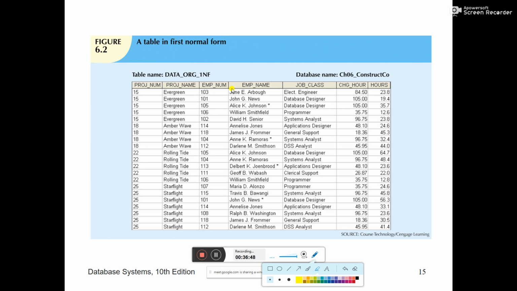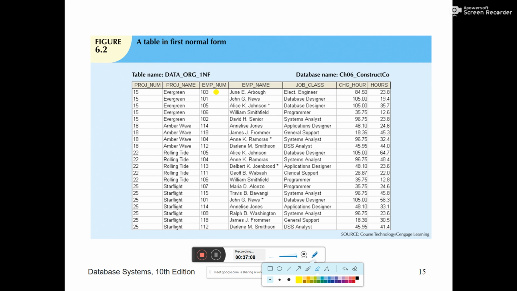You will not have multiple values in one cell, like 15 Evergreen and 5 values over here, 5 here, 5 here. No, each intersection of row and column should have a single value. So we have a single value in each cell, and the repeating groups have been eliminated.